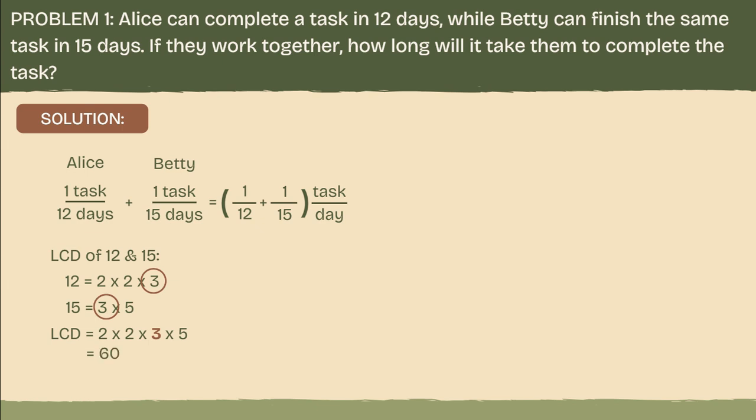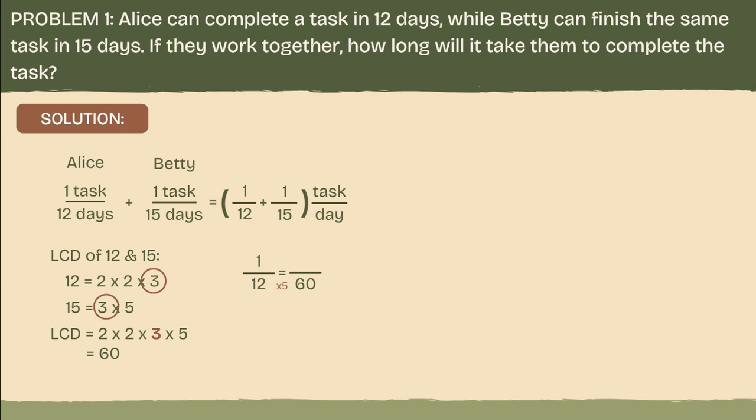Now it's time to transform the fractions using the new denominator. For 1/12, what number do we multiply 12 by to get 60? We can find that by dividing 60 by 12, giving us 5. To recheck, 12 times 5 is equal to 60. That means we multiply the denominator by 5.